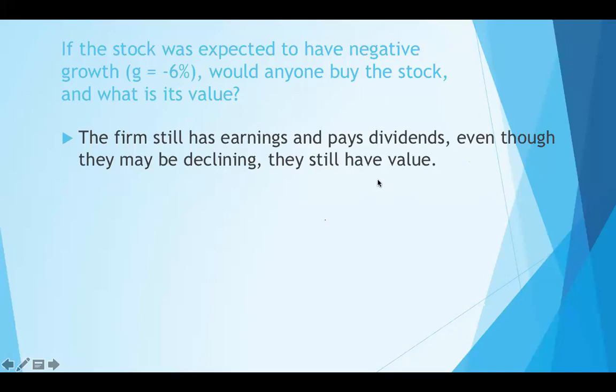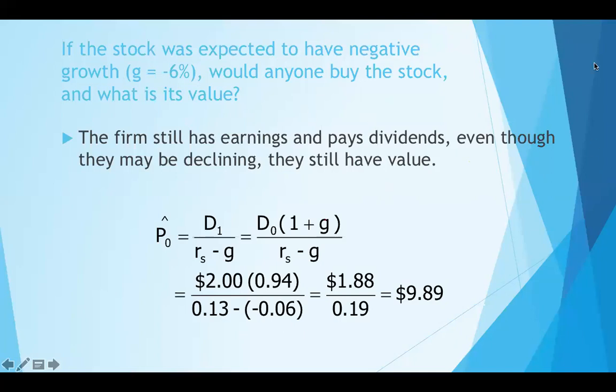Why? Because even if G is decreasing, it still pays dividends, right? So it still has a value. Even if G is 0, you know that it has a value. So as you have seen, mathematically, it should be minus 6%. Then we have a lower value. Think about it.